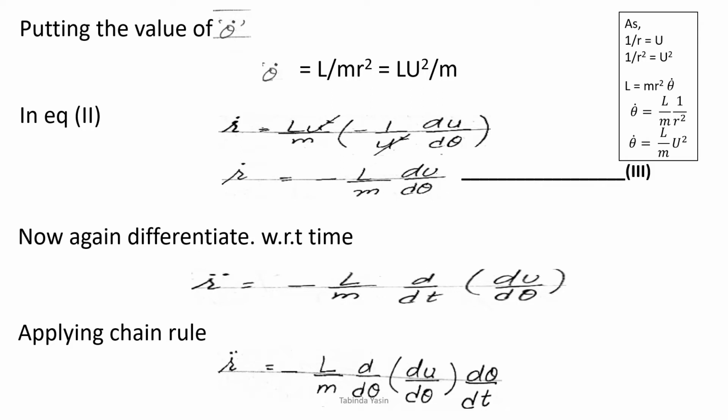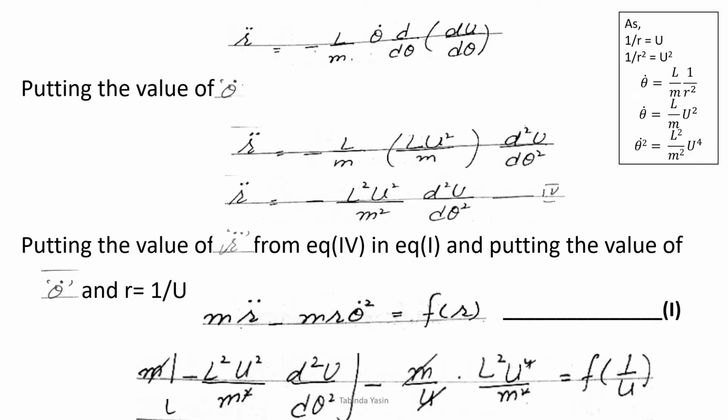So that d theta by dt gives the first differential of theta, so that will become theta dot, and again substituting the value for theta dot, we have the equation r double dot is equal to minus L over m theta dot d by d theta into du over d theta, bracket close.